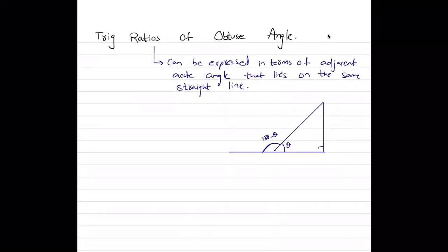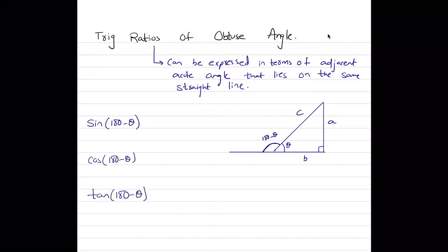and we are talking about a right angle triangle. Okay, so I'm just going to name that this length is A, this length is C, and this length is B. So if the question says find sine of the obtuse angle, now obtuse angle in our case is going to be 180 minus theta, so sine, or cos of 180 minus theta, or tan of 180 minus theta.